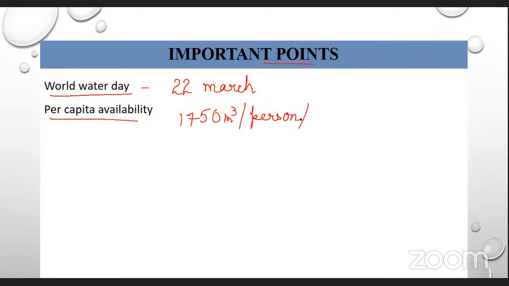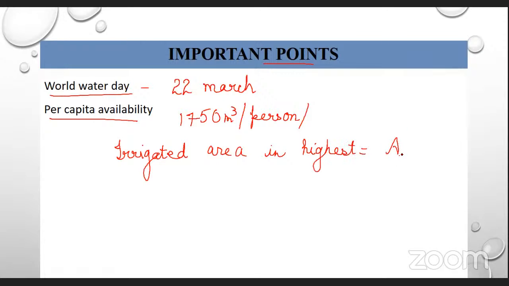Now some more questions are there, like the irrigated area is highest in Asia. Means Asia usually has the largest area under irrigation.